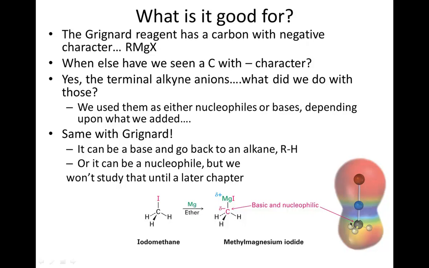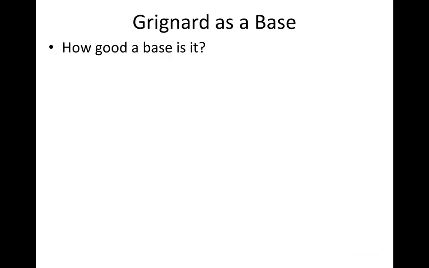You see the redness down here. And the magnesium in the middle is all positive in character. They used iodomethane in this case, so the R group is methyl, and it makes this particular Grignard reagent.